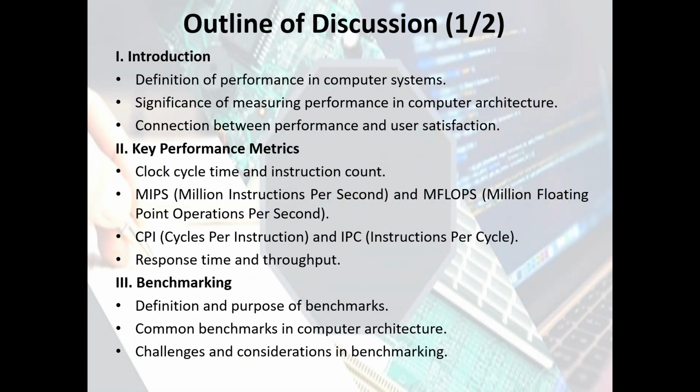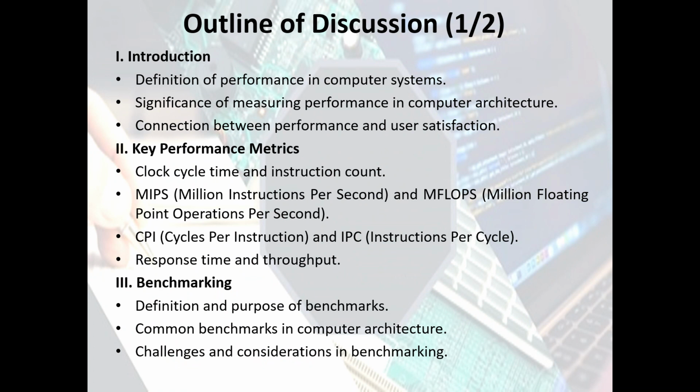First part of the discussion is the introduction: definition of performance in computer systems, significance of measuring performance in computer architecture, and the connection between performance and user satisfaction. So definitely important. Then part 2 is all about key performance metrics. So what are the points of measurement that we need to consider for computer architecture?